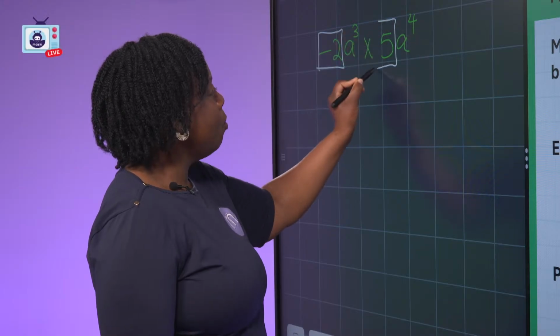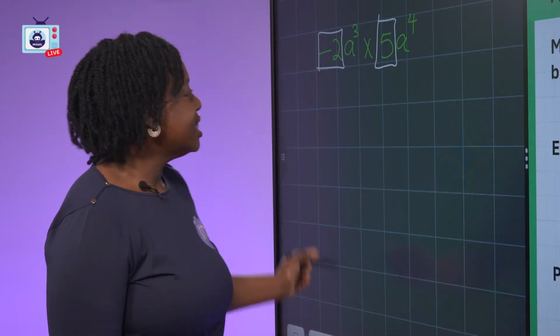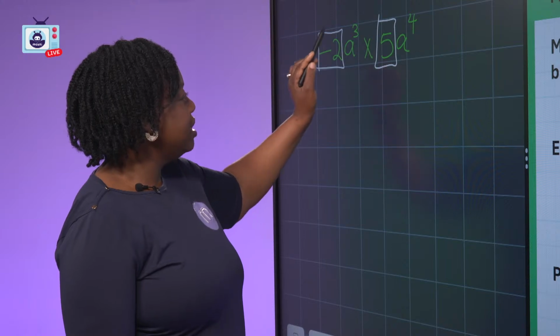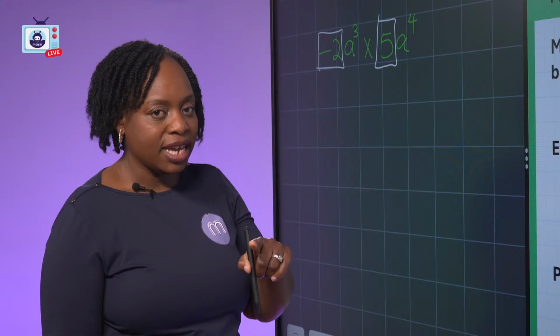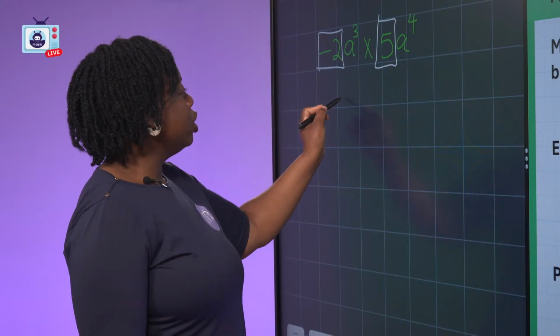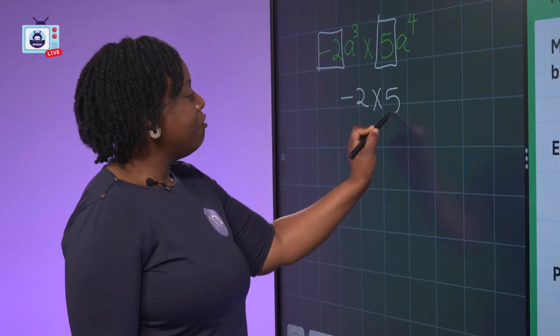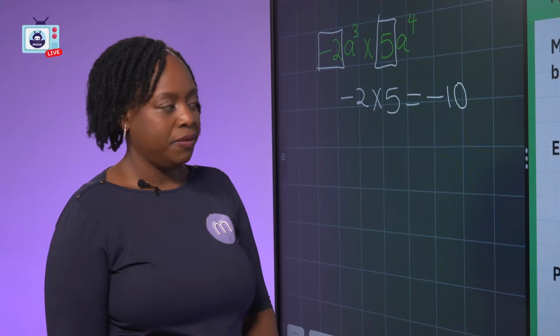Remember, when you multiply the numbers, you take them with their sign. So the sign of 2 is negative, and negative times positive would give us a negative. So negative 2 multiplied by 5 will give us negative 10.